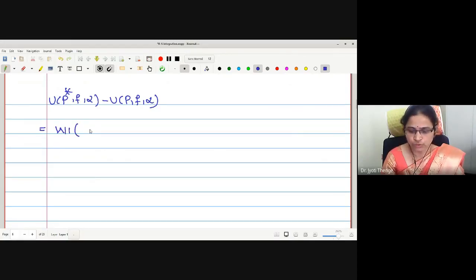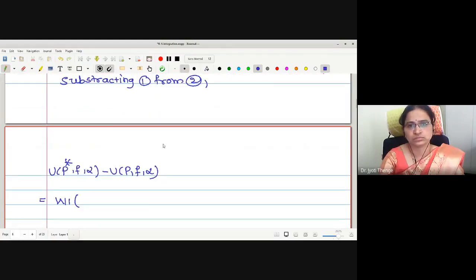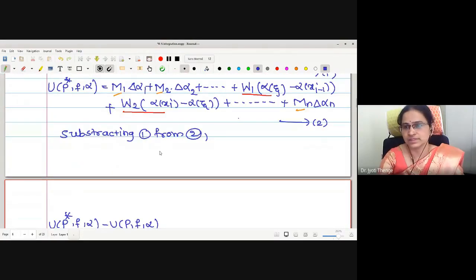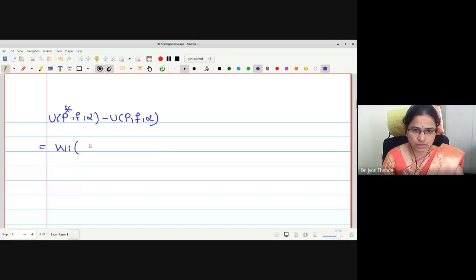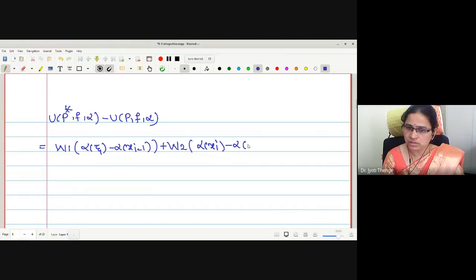W1 into alpha zeta minus alpha xi minus 1, plus W2 into alpha xi minus alpha zeta, minus Mi delta alpha i. May I write delta alpha itself in the first step; in the next step, I will write its value.